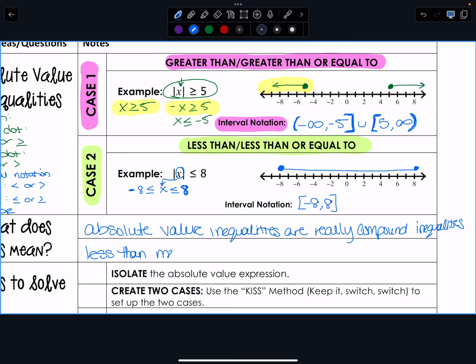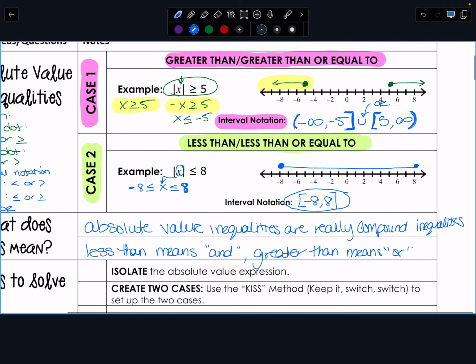Less than means and. So I could have anywhere between -8 and +8. Okay. Greater than means or. So that's why I have this little U right here. It stands for one or the other. So I can be in either one side of that interval or the other side of the interval, but not both.